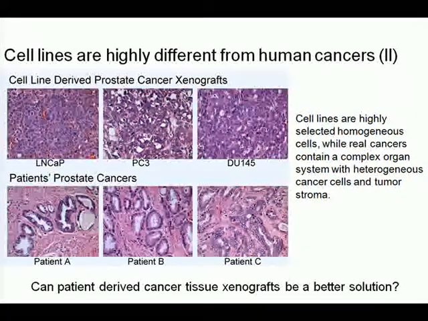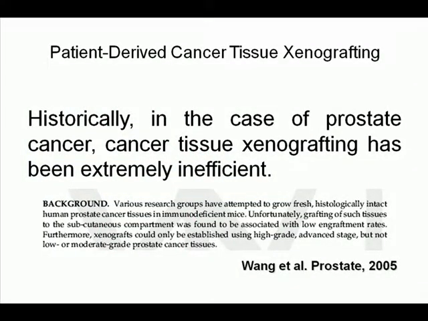But the challenge was, when we came into the picture a number of years ago and started to look at this field, we noticed that historically, prostate cancer xenograft has been extremely inefficient. This is what we put in our very first paper.